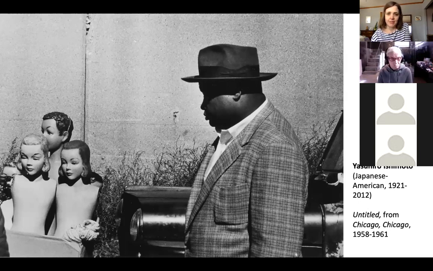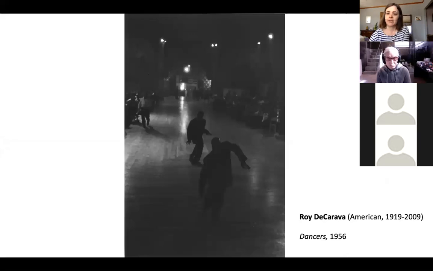But this image to me also segues into a topic that I wanted to talk about that Roy DeCarava really addresses in his work. And that's about film not really being free of racial bias, the film technologies that we know.